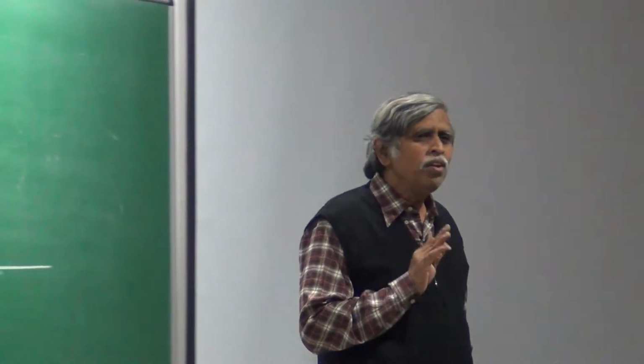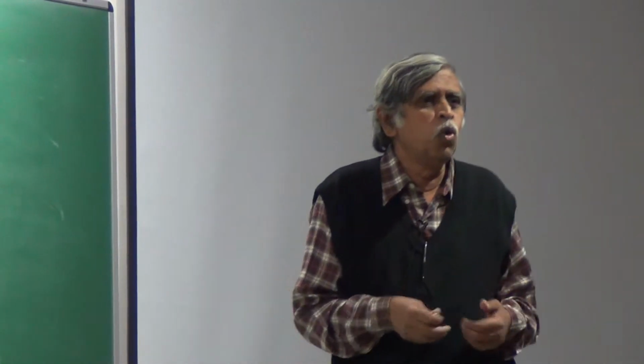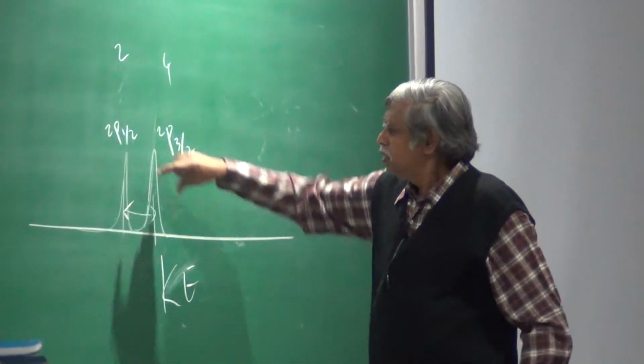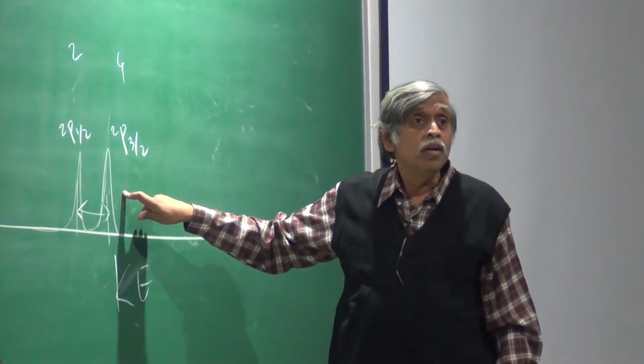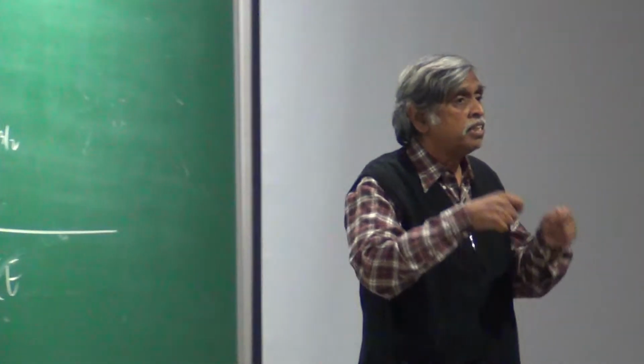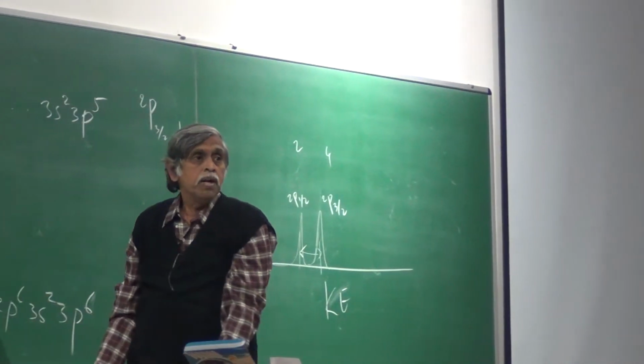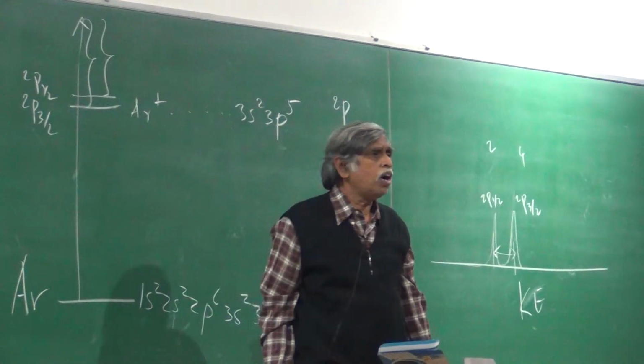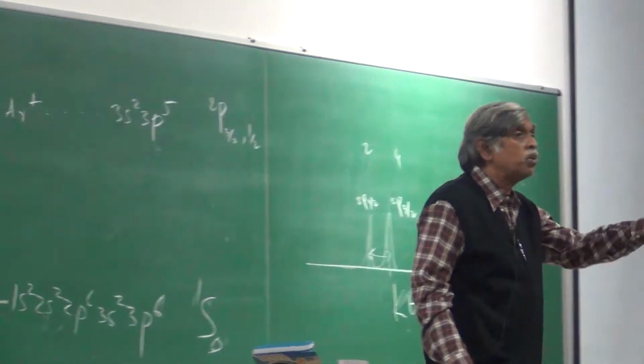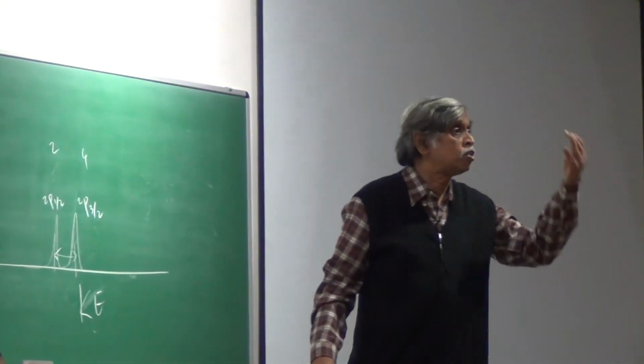And therefore, what do you think will happen to the population? Who will have more population? Obviously this one. Spacings are not very great, and therefore the one that has a higher degeneracy will actually scavenge more population than the one with the lower degeneracy. So when I am doing this experiment, this one is likely to have a greater population because the 2J plus 1 corresponding to J equals 3 half is actually 4.